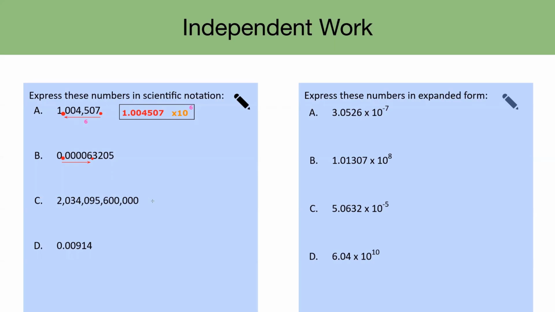So that would be right here. Our new number would be written as 6.3205.